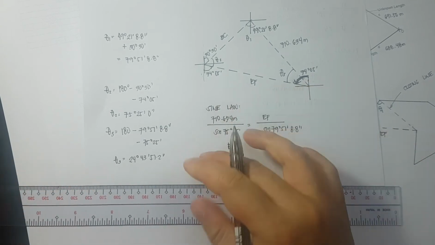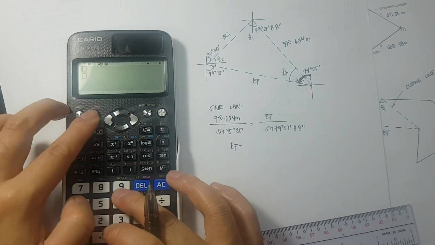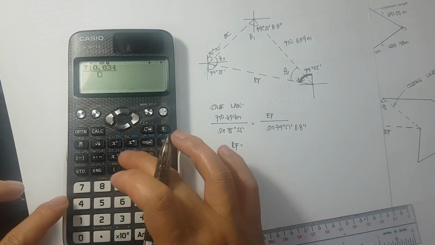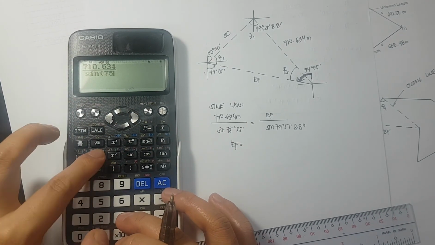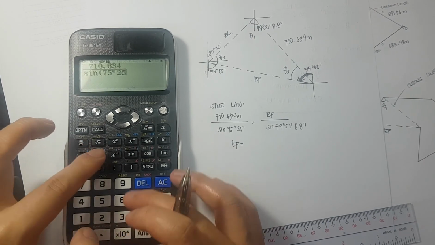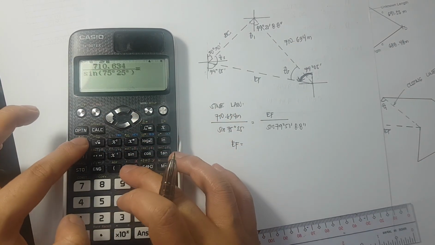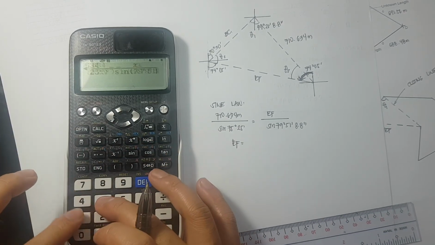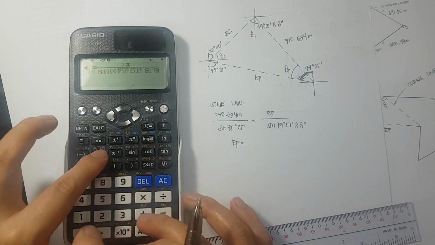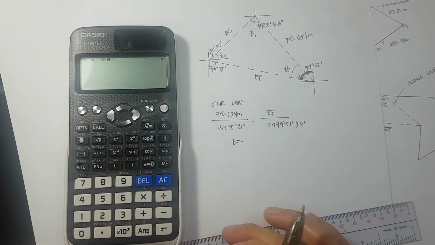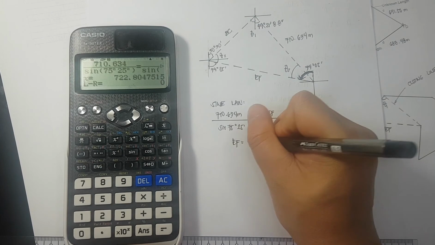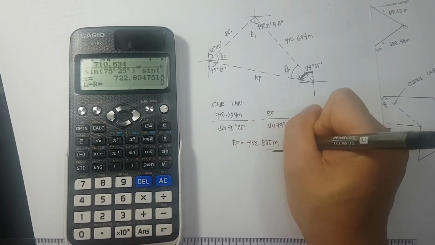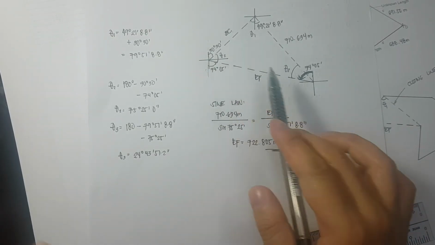Therefore, EF is equivalent to 710.634 over sine 75.25, times sine 79.51 8.8. Shift solve. EF therefore is equivalent to 722.805 meters.